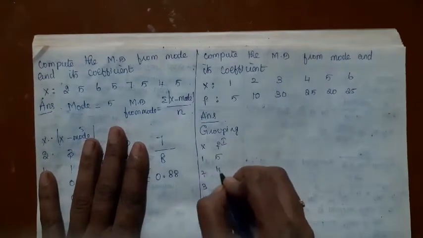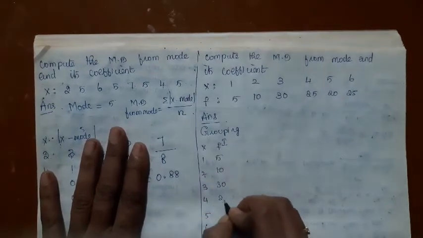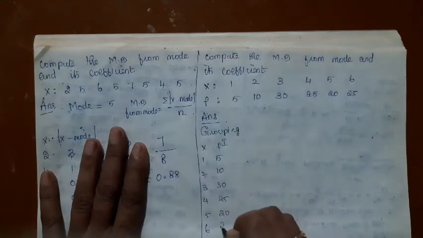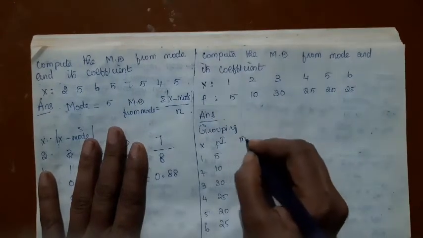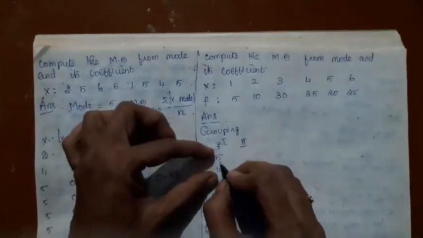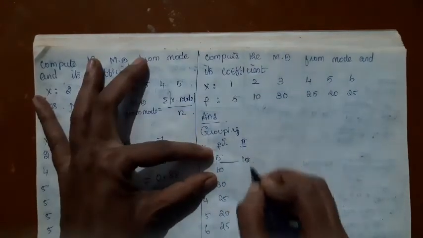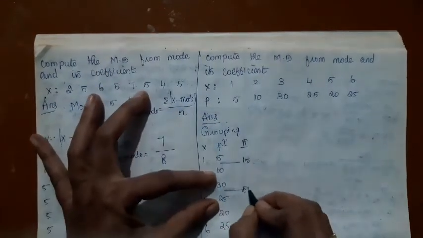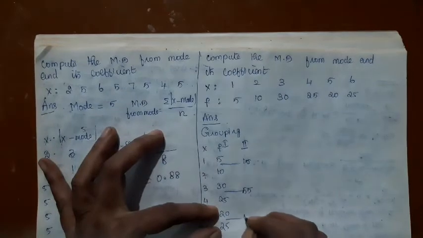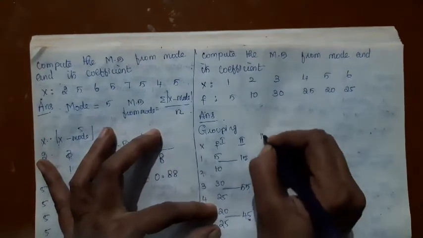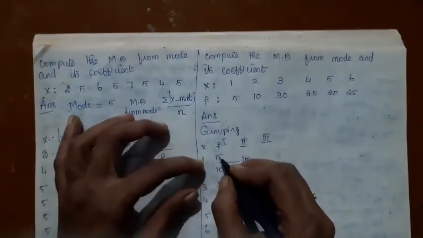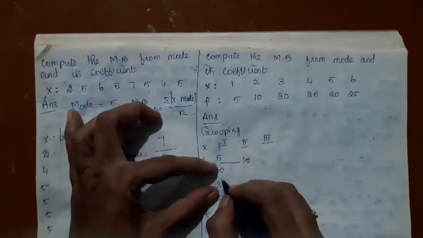Write the values of f in the second column. Add these values. In the third column, leave the first value and add in 2's.